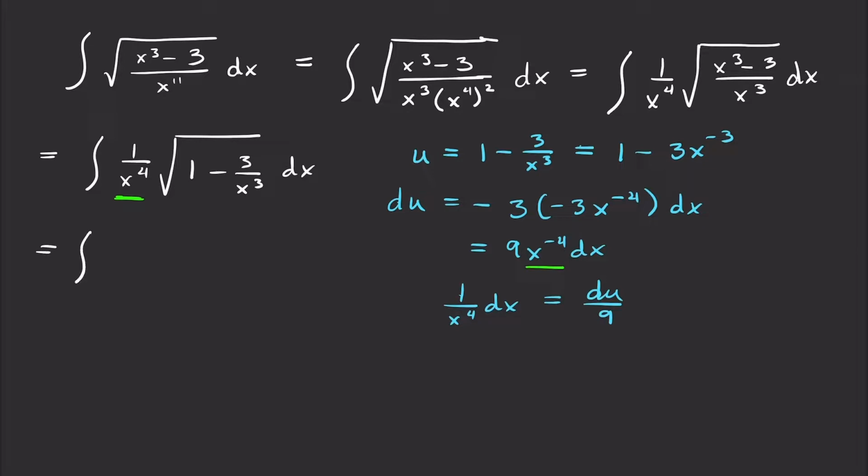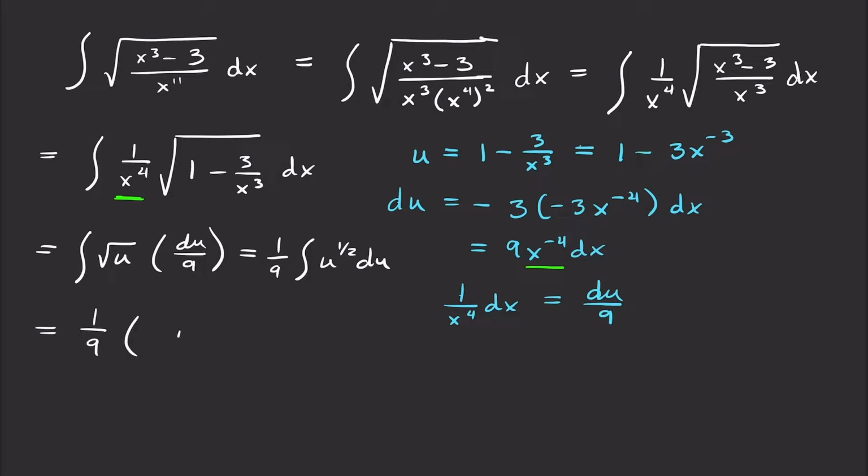So this is going to be the integral of the square root of u. Okay, so we'll start with that. And then our 1 over x to the 4th dx will become du over 9. And so this we can just write as 1/9 the integral of u to the 1/2 du. And now we can use our rules. So 1 over 9.